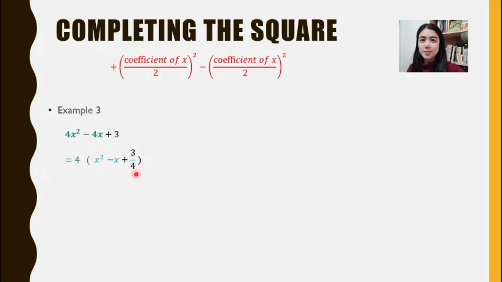After you have this new quadratic, same thing: we focus on this new quadratic and separate it into two different rows. The first one is just for the x, and another one is for the constant, and we identify the coefficient of x for us to substitute inside here. From this new quadratic equation, you can see that the number in front of x is minus 1.